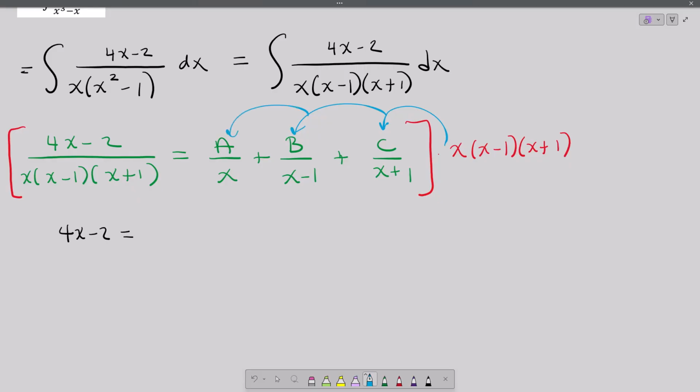When that triple product comes over and is multiplied by the first fraction, the x cancels, but you still have the other two factors. So this is going to be a multiplied by x minus 1 times x plus 1. And then when this triple product lands on the middle term here, the x minus 1 is going to cancel.